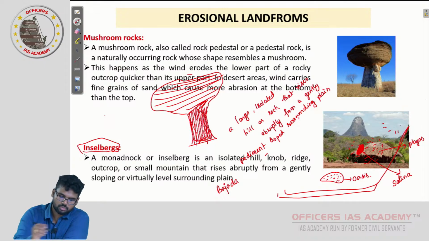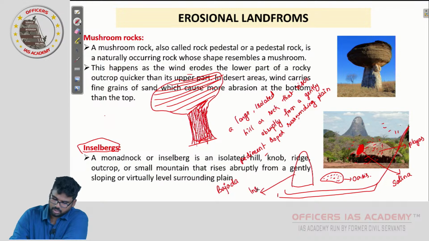So in the same you can also put one big mountain like kind of rock, and you can call it as Inselberg.